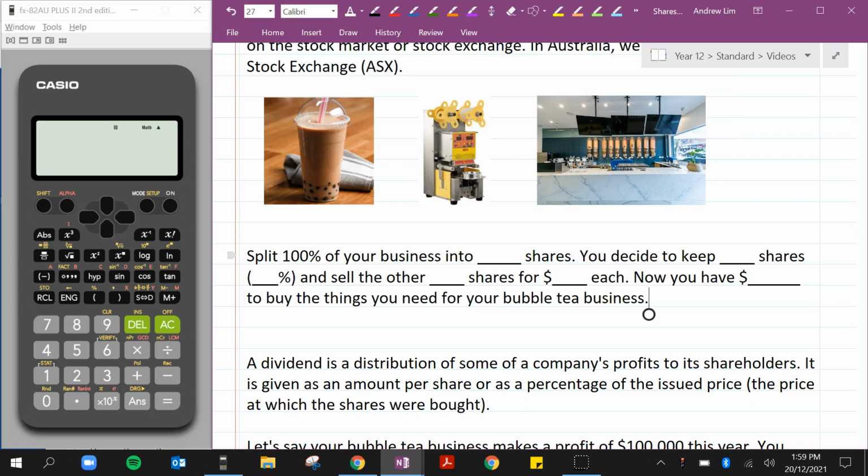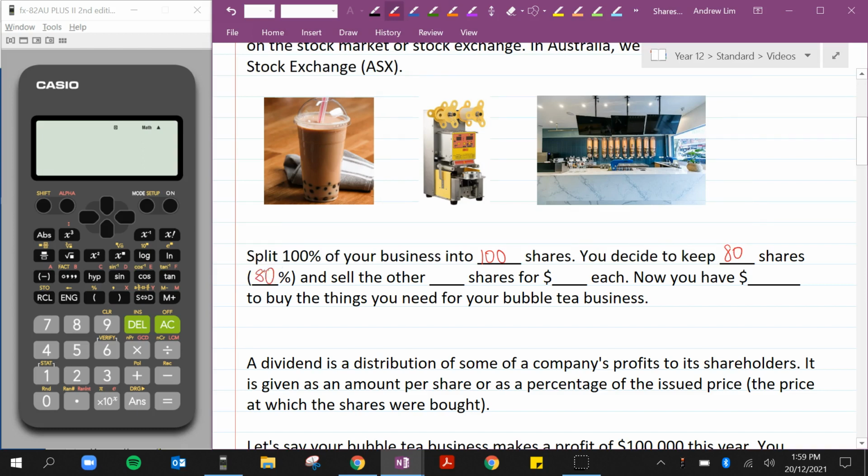So let's just go with this example here, and I'm just going to keep it relatively simple. Let's say you split 100% of your business into 100 shares. That means one share is worth 1% of your business. Let's just say you decide to keep 80 shares, so that's 80%.